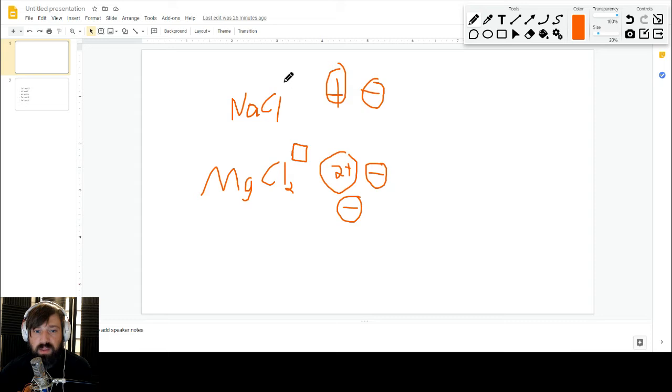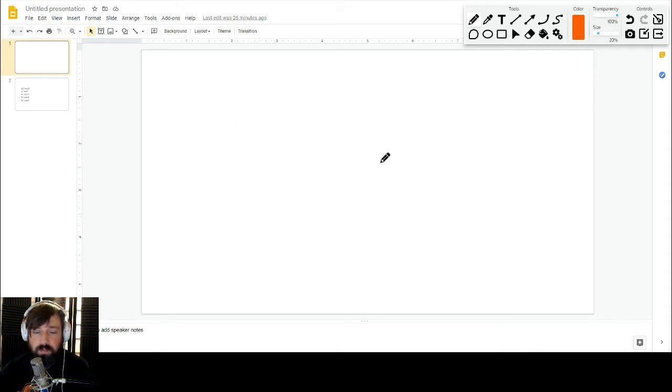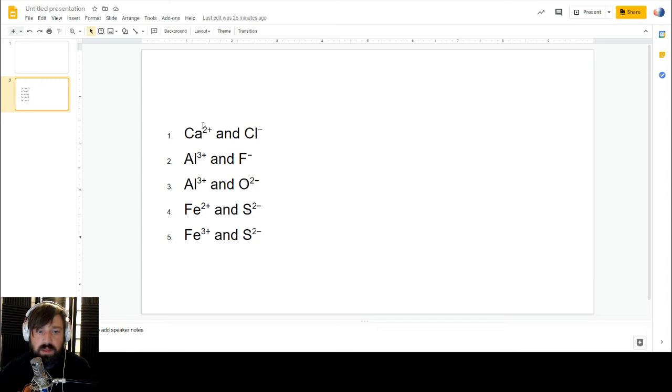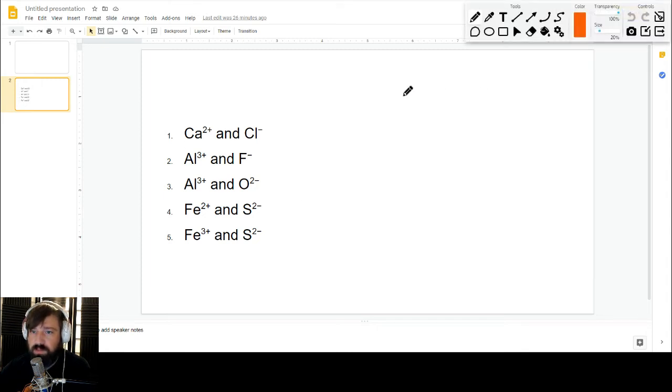Sodium chloride, what kind of charge do you see up here? There is none, so you know it's going to be neutral. 1 negative, 1 positive, neutral. No charge up here for magnesium chloride, and since this is 2 plus, you know there's going to be 2 chlorines there. Okay, let's go through and do a little bit of some problems here.